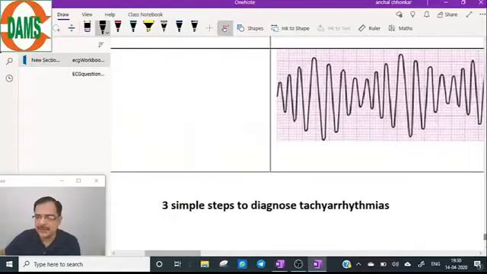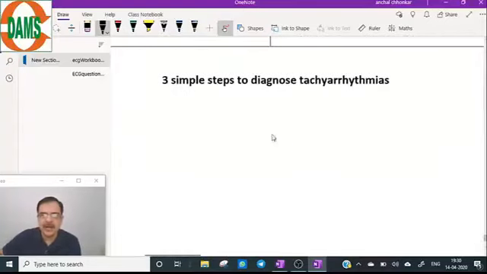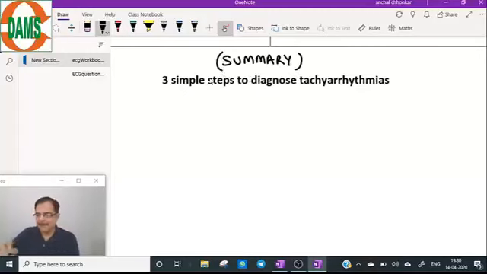Starting with the three simple steps to diagnose the tachyarrhythmia, that is the summary. If you can recall, the first step was the QRS complex.